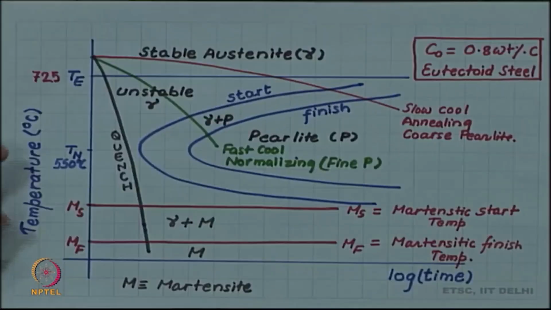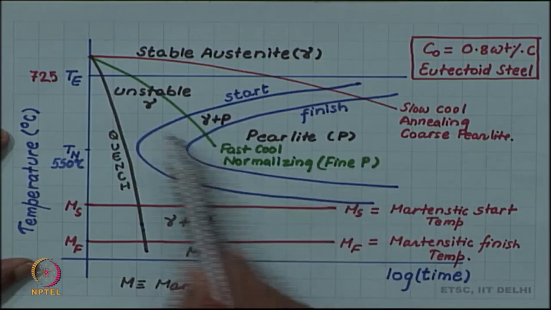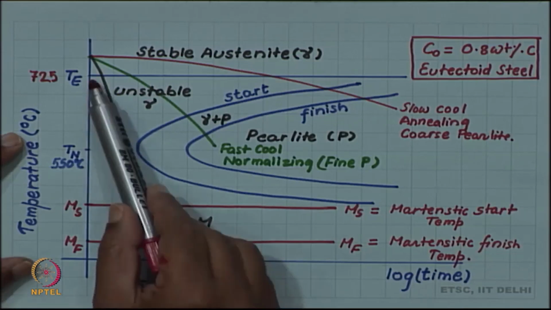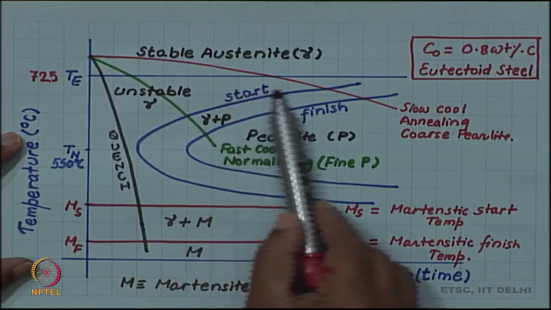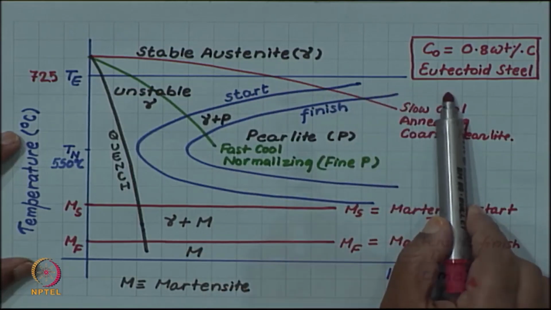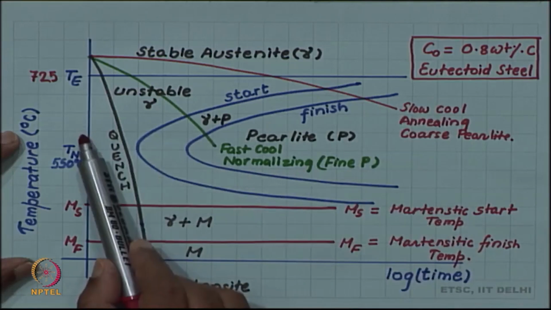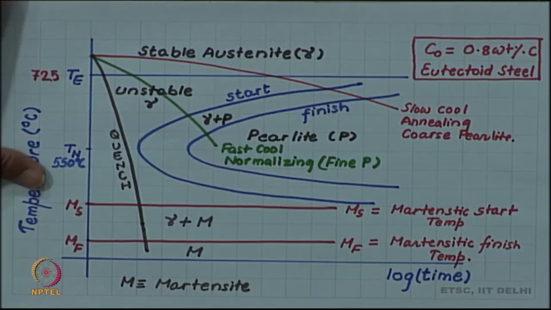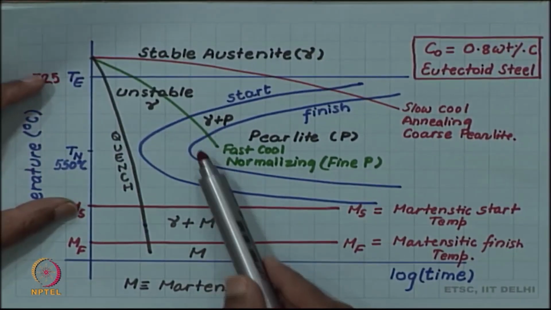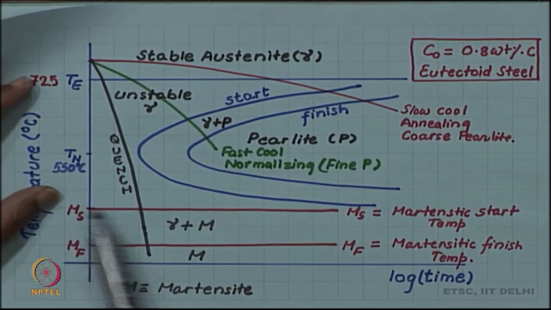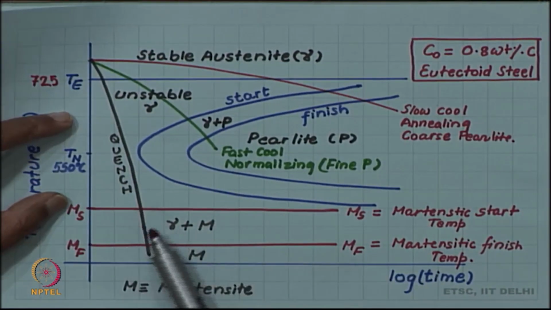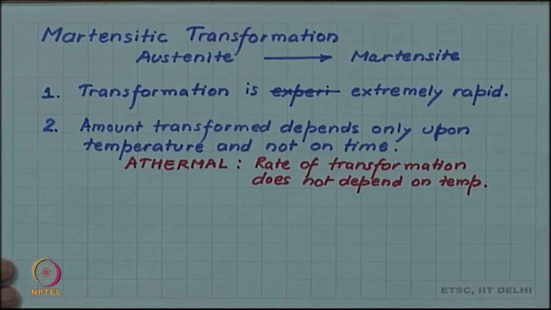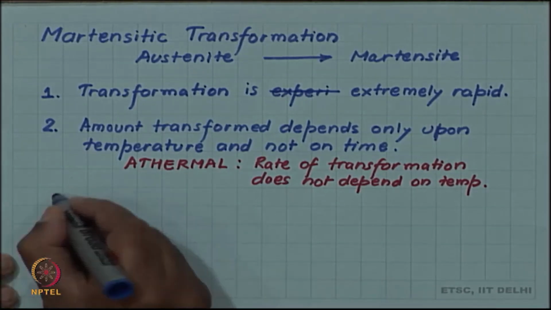In the case of C curve, you can see the very existence of C curve is indicating that the rate of transformation is a strong function of temperature. So, just below T e, the time required for transformation to pearlite is very high, the rate is very slow, but close to the nose the rate is very high and the transformation to pearlite is very rapid. So, the C curve is an indicator that the rate depends upon temperature, but here the horizontal lines for MS and MF, and the absence of C curve, are indicating that the rate does not depend upon temperature. So, this is called an athermal transformation.